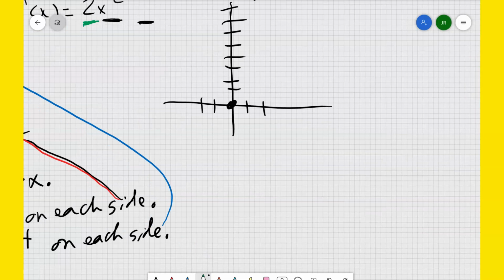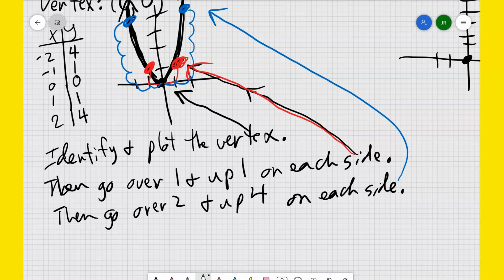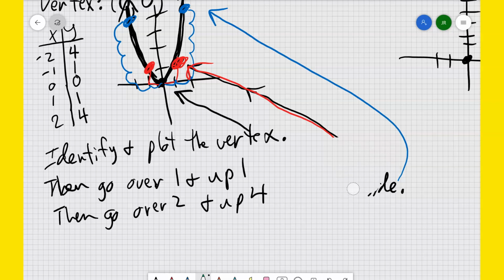So if I follow these steps, I just need to change them a little bit to account for that. Let me show you what I mean. Instead of going over 1 and up 1, I go over 1 and up 1 times A, A being the number in front of the X squared.